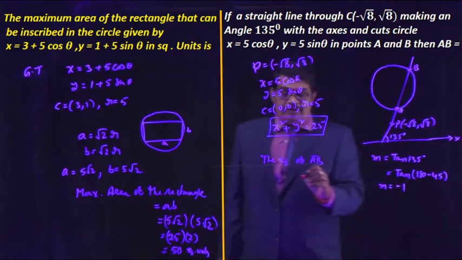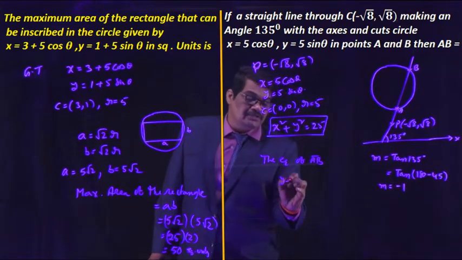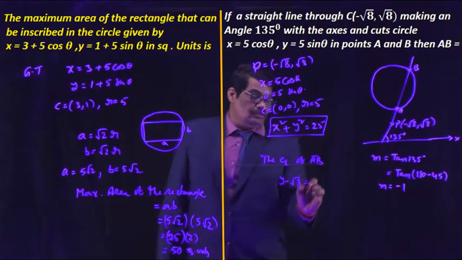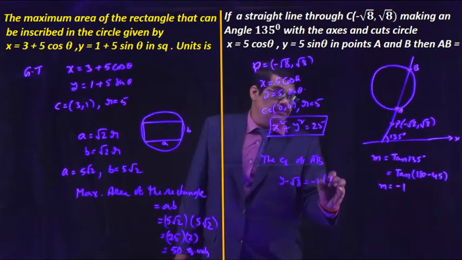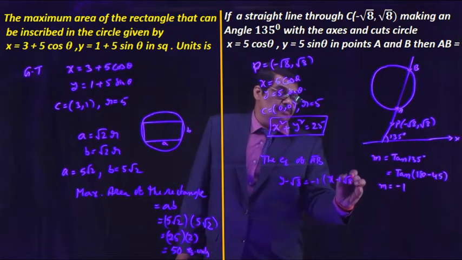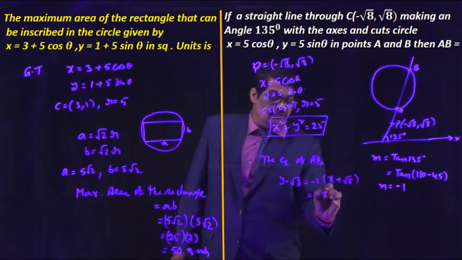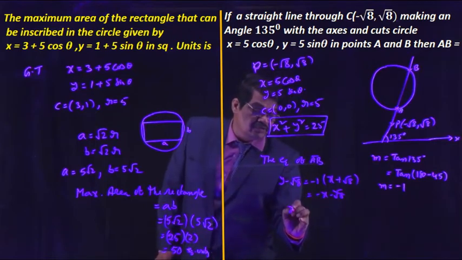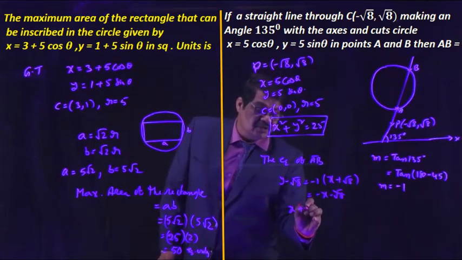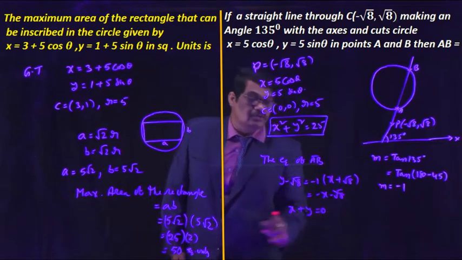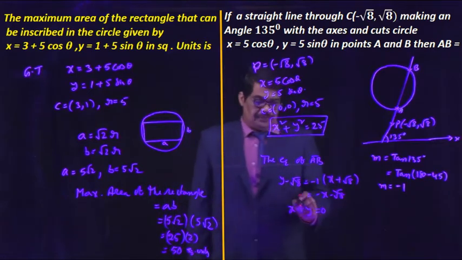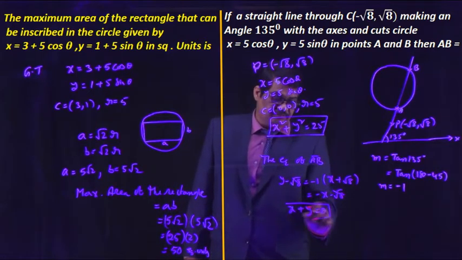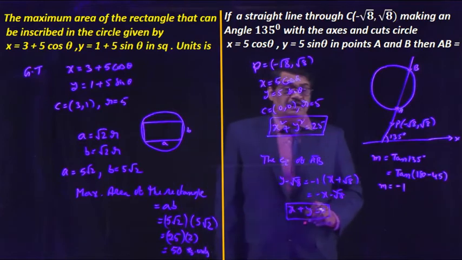In slope point form we write y minus y1 is equal to m, minus 1, into x minus of minus root 8, that is x plus root 8. That is equal to minus x minus root 8. This minus root 8 will be cancelled. Moving to the LHS, we get x plus y is equal to 0. This is the equation of the line AB.